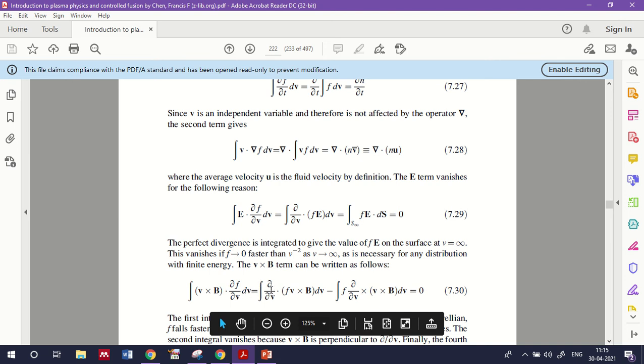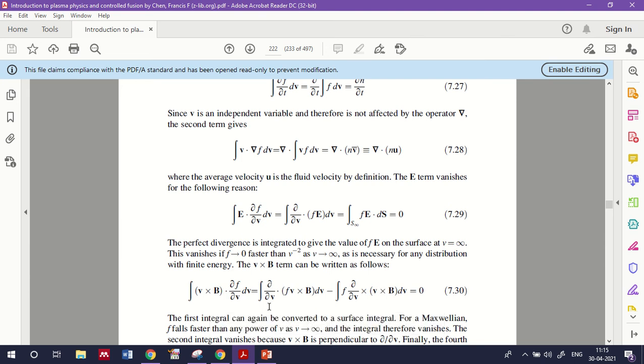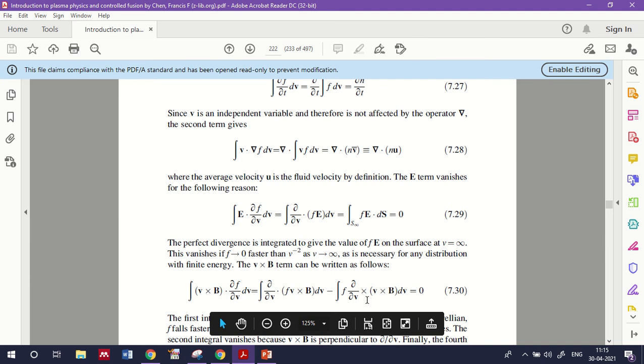By taking that equation, you can write it as the integral of dou by dou v dot fv cross b dv equal to minus the integral of f dou by dou v into v cross b dv. Normally if you take the divergence of a curl, the divergence of this term, del dot v cross b, will be 0, so this entire term becomes 0.